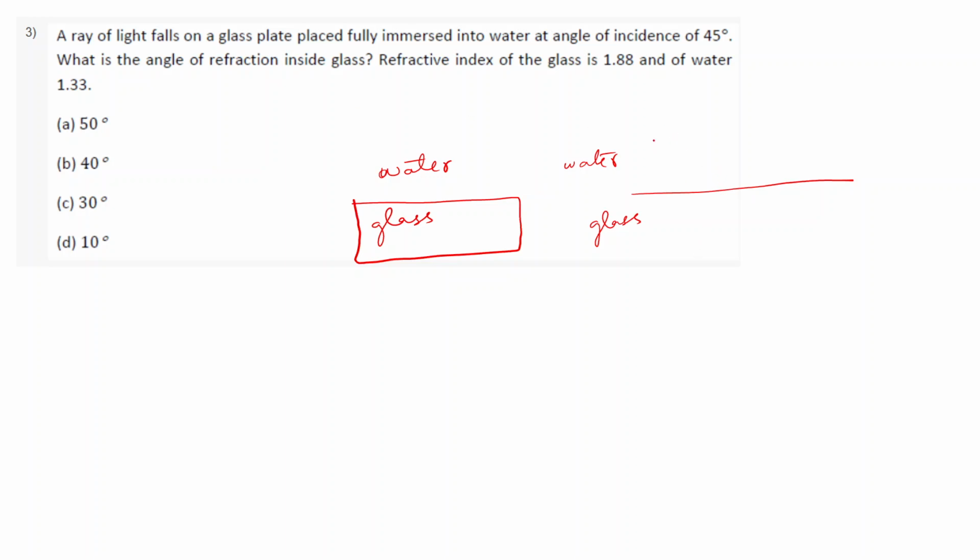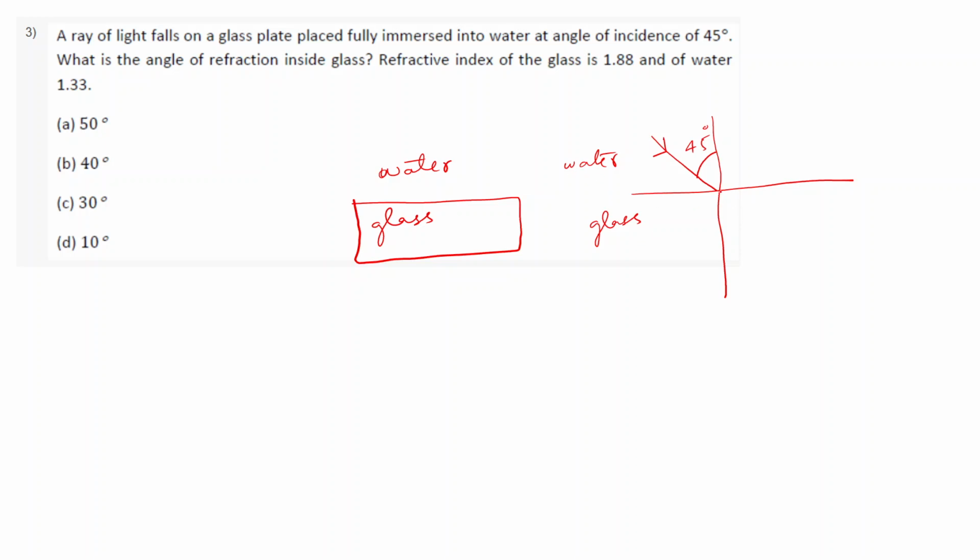So light is falling on this glass at an angle of incidence of 45 degrees. Again, this will be the normal. The angle of incidence will be taken from here. This is 45 degrees. What is the angle of refraction inside the glass? Of course, water is a rarer medium compared to glass.